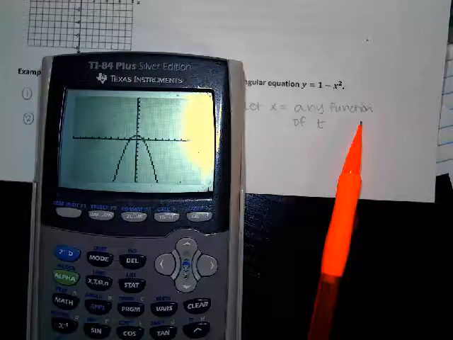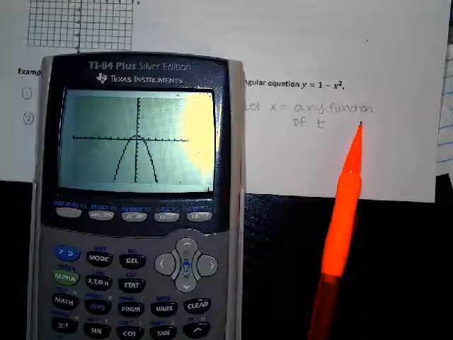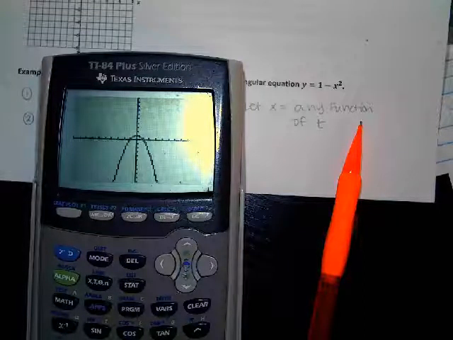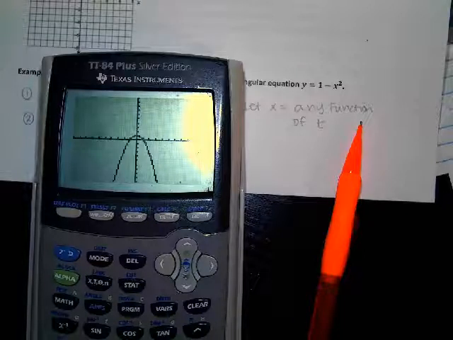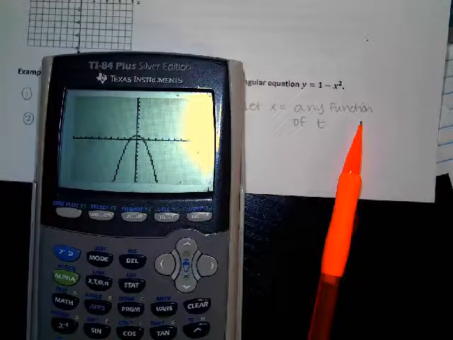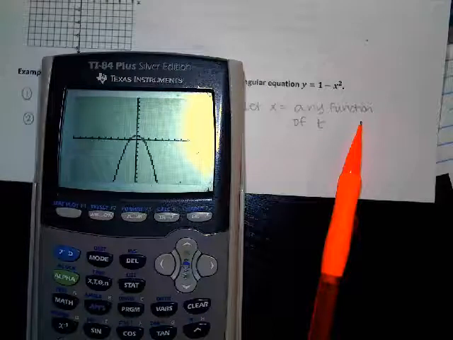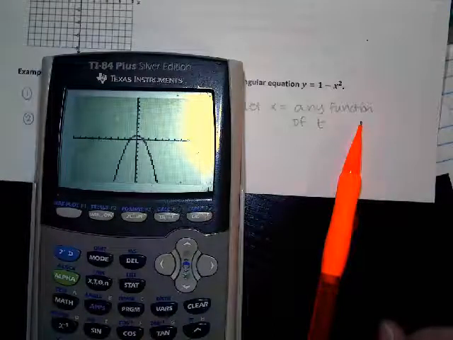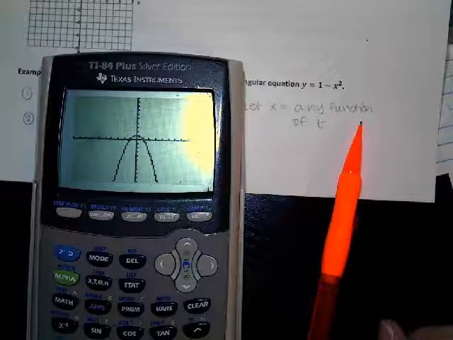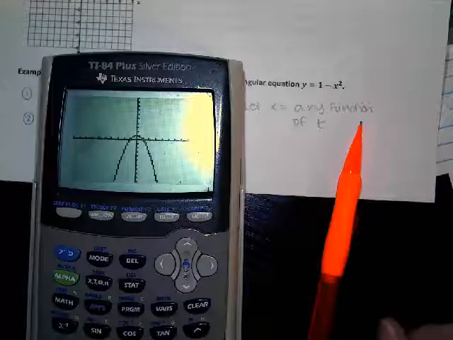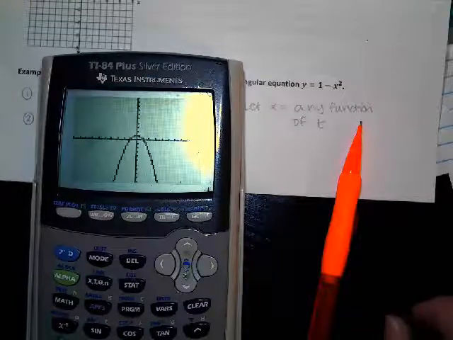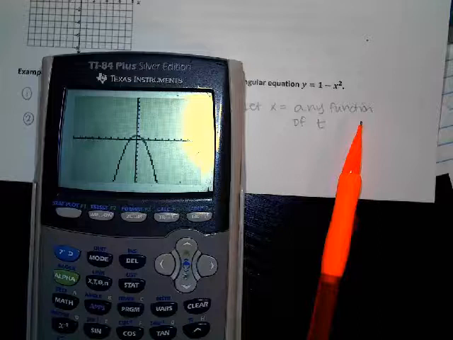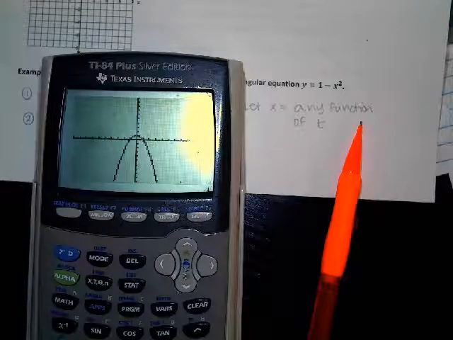So the t-step is what makes your graph more or less pixelated. It's how close together your points are. Am I finding my points every 1 apart? Every 0.5 apart?